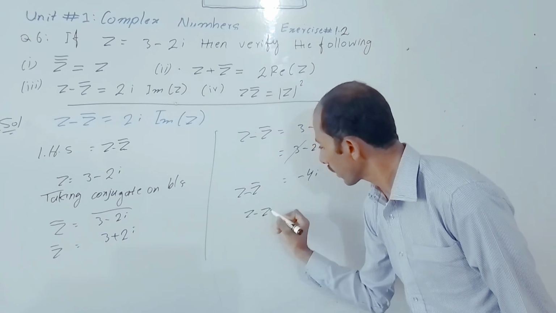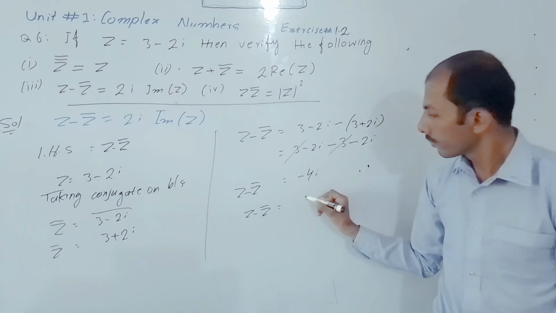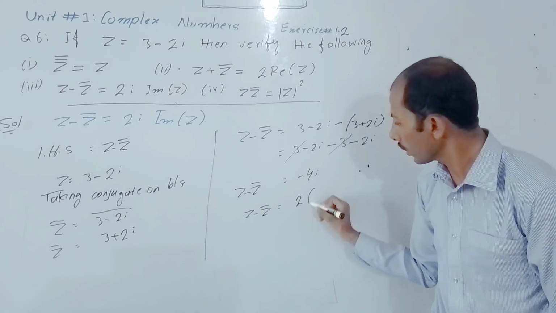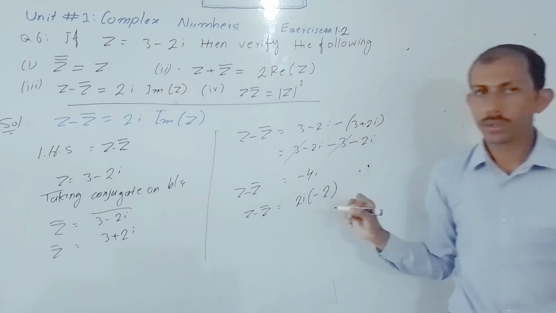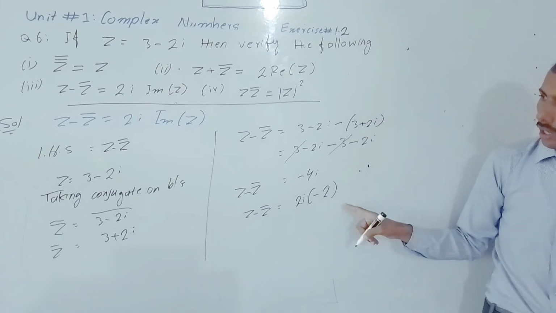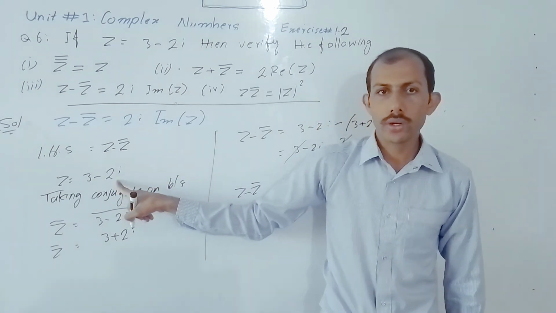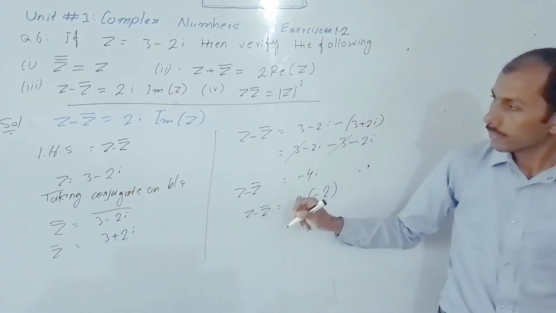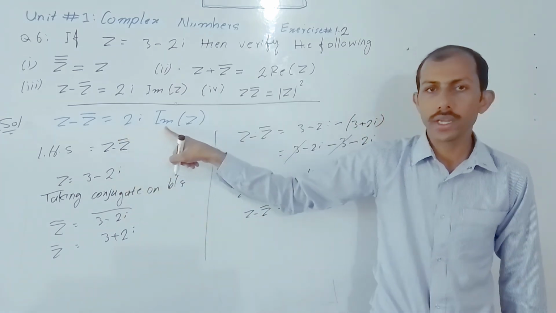Z minus z conjugate is equal to 2 into minus 2i, so the imaginary of z is equal to minus 2. To prove that it is equal to 2i into imaginary of z.